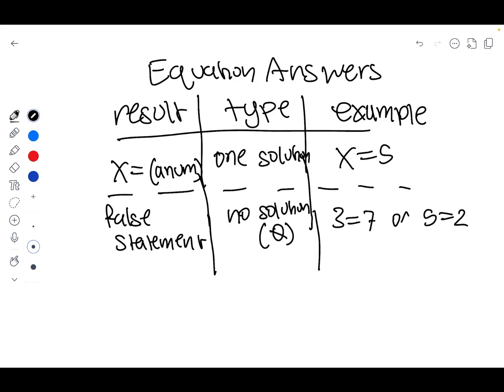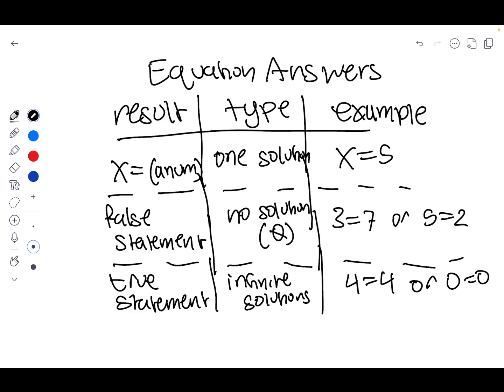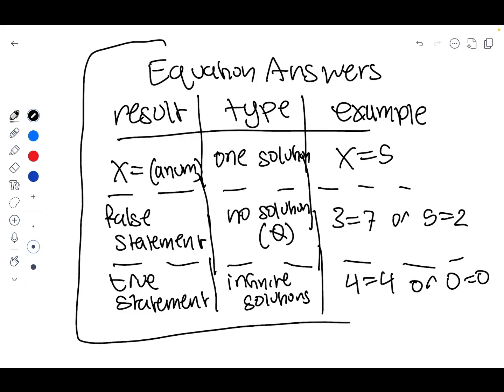And finally, we have a true statement, which is when you have infinite solutions, and you're left with something like 4 equals 4 or 0 equals 0. These are the three types of equation results you can get for simple one-variable equations.